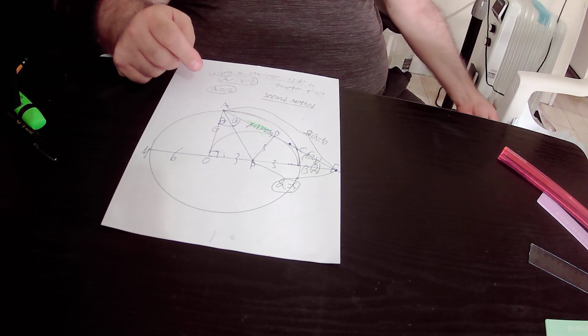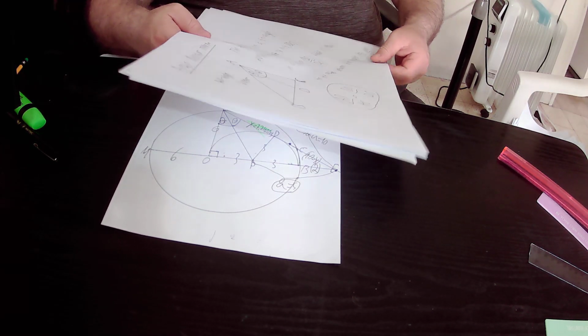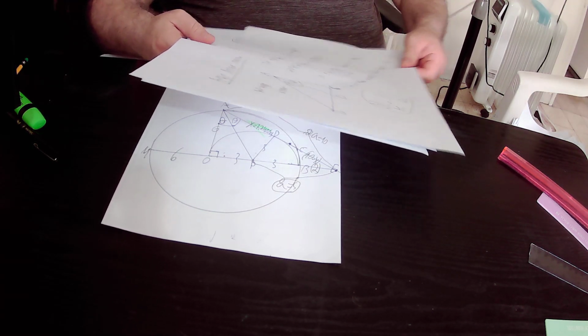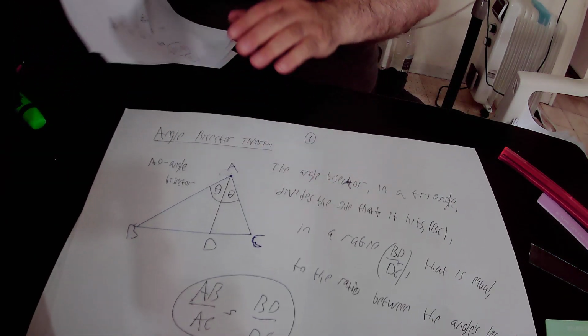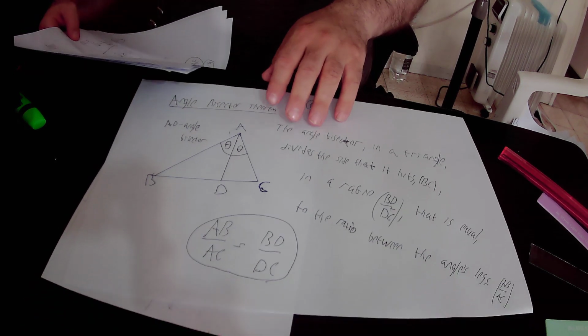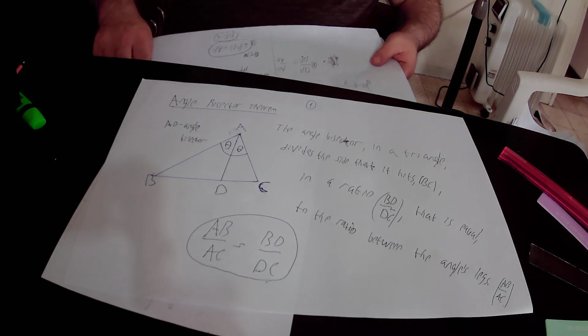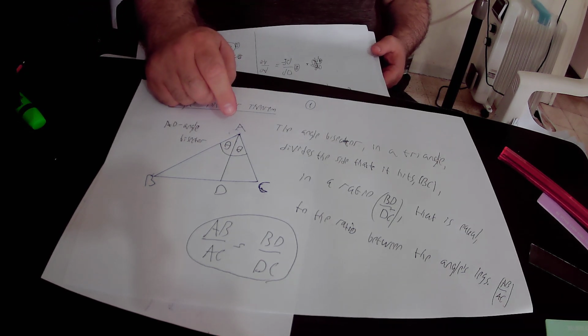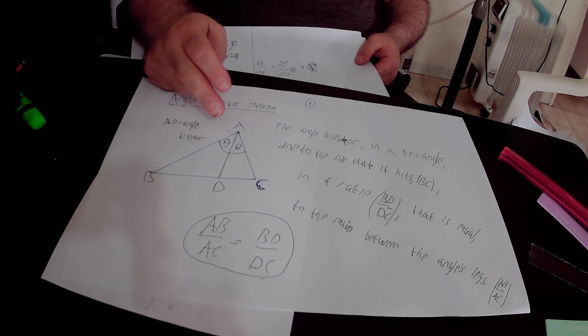But first of all, I presented to you the term angle bisector. What is the angle bisector theorem? Here we have triangle ABC, which could be any triangle. In triangle ABC, AD is the angle bisector of angle BAC. Why? Because it divides angle BAC into two halves.